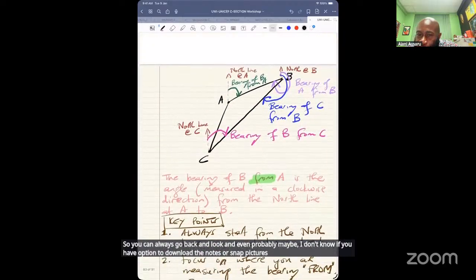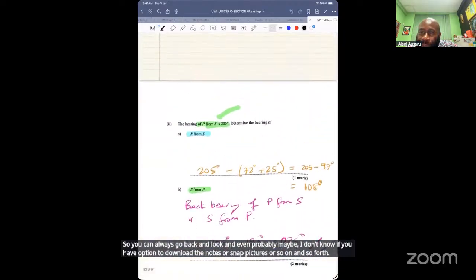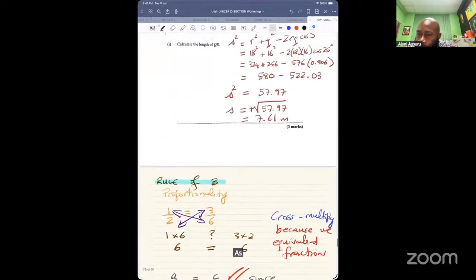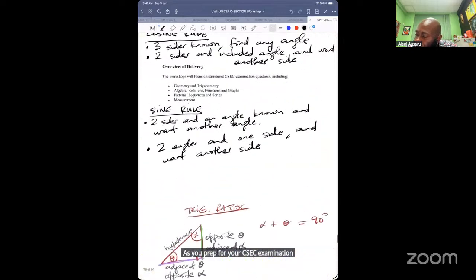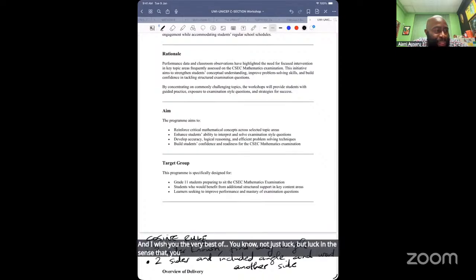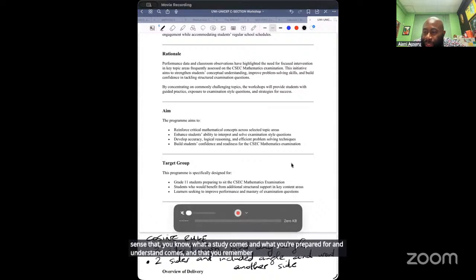I hope this was very useful as you prep for your CSEC examination that's imminent. I wish you the very best, not just luck, but that what you study and understand comes, and that you remember. But preparation is what it's all about, and that's what you're doing now.